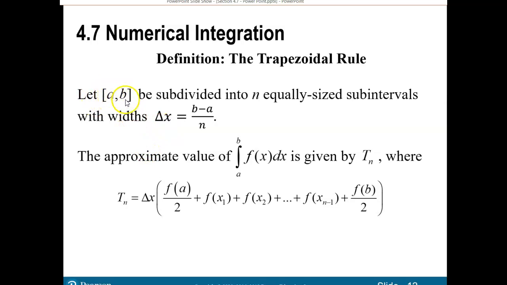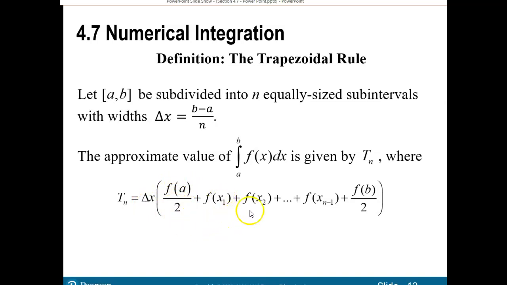So again, our interval is from a to b. We're going to subdivide it into n equally sized subintervals, so our delta x is found the same way, b minus a over n. The approximate value of that, given by what we call the trapezoid rule, is just a different formula. So the trapezoid rule for n subintervals: delta x is the width. We find f of a and we divide it by 2.